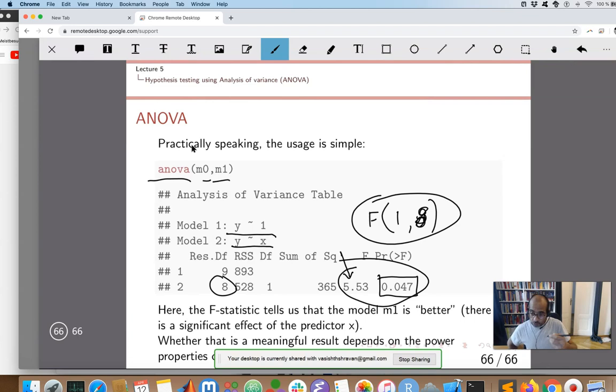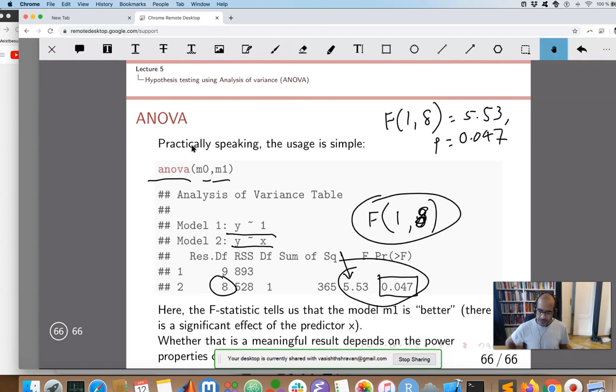So the way I would report this result in the paper would be that my F statistic was 5.53 with a p-value of 0.047, which allows me to reject the null hypothesis that there is no effect of X on Y. Okay, so that's basically how this statistical test would work.